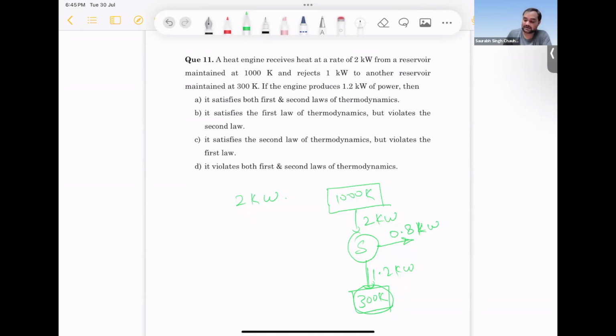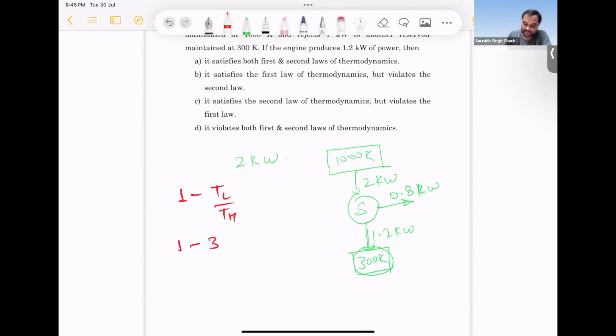For the second law, we'll have to calculate the efficiency. What can be the maximum efficiency? Maximum efficiency is given by the Carnot principle, right? So how will we calculate Carnot efficiency? It's given by 1 minus TL by TH, correct?